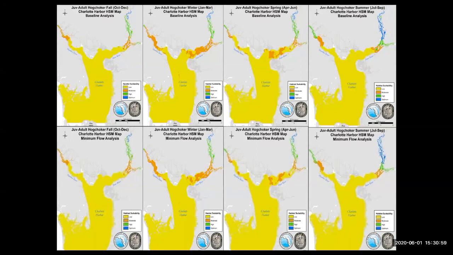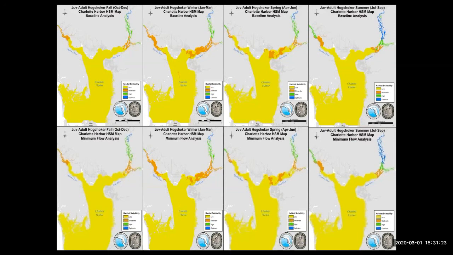But if you look again, you're looking at your habitat suitability maps. So at the top you have the baseline analysis, and at the bottom of the graph you have the minimum flows. So again, you don't see much difference between the baseline maps for each season and the minimum flows maps for each season.